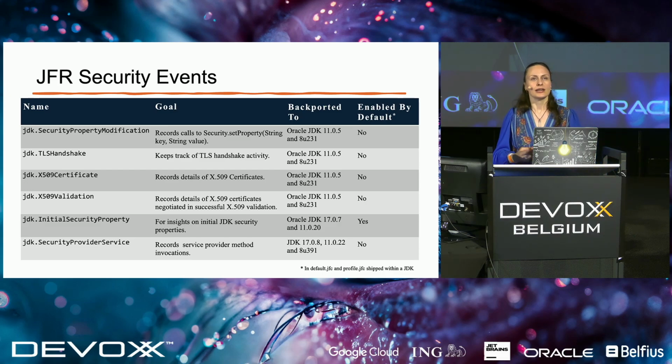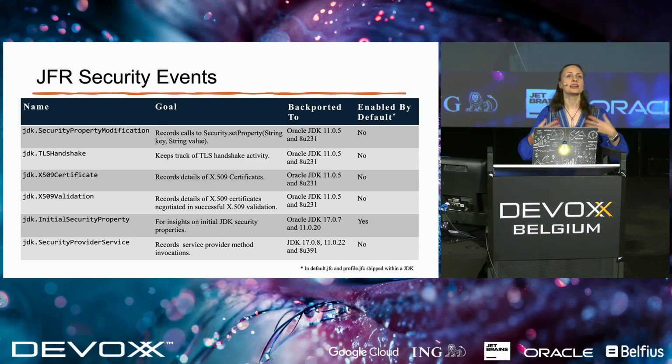In their order, security property modification looks into the security properties that are dynamically modified while you're using your application. Throughout the course of your application, security properties can change, and those can be dynamically changed through the method Security.setProperty, which takes two values: a string key and a string value.